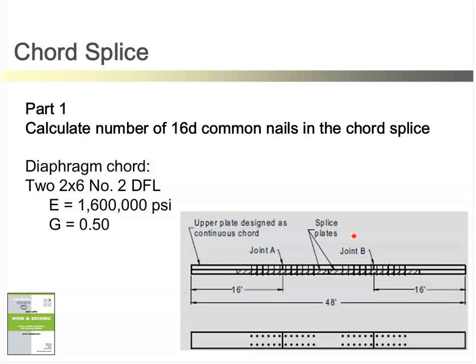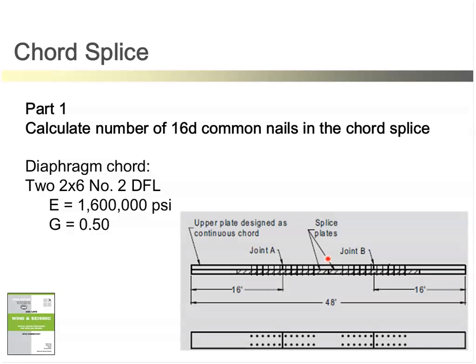But if you think about that for a moment, right at the chord splice, which is here, right above the red dot, what is your true cross-section of that diaphragm chord? Because you've obviously got a break in the chords here, so your cross-section on this top plate really is going to be 1 2x6. So we'll look at that in a little more detail, but again, that's another assumption that we're making.